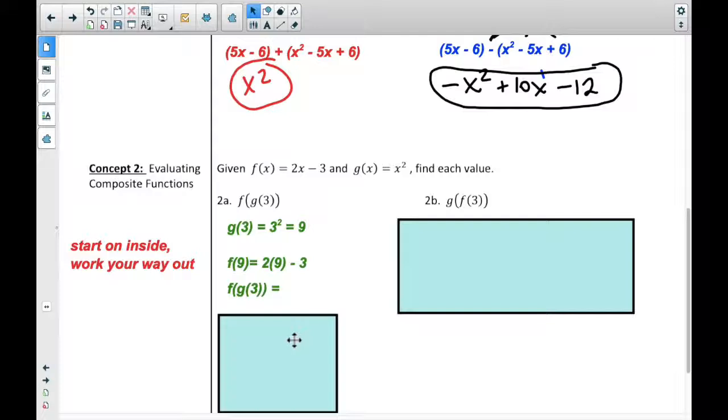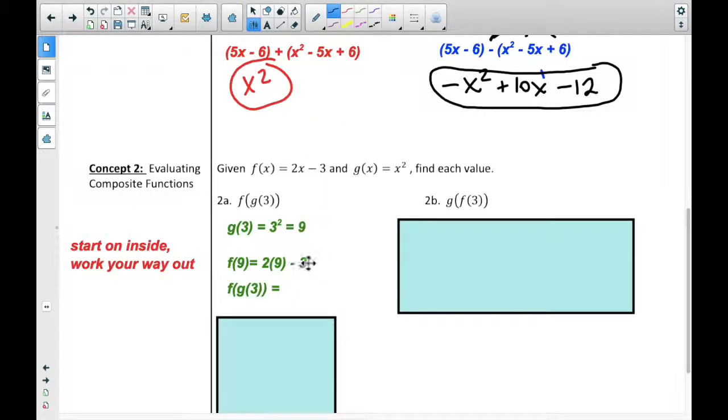And so what I've done is, first of all, I figured out that g of 3 was 9. Now I'm taking that 9 and plugging it into my f function, and I'm going to work it out. So this is going to be 18 minus 3, or in other words, 15.